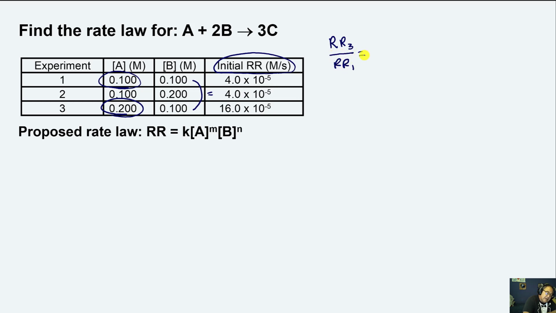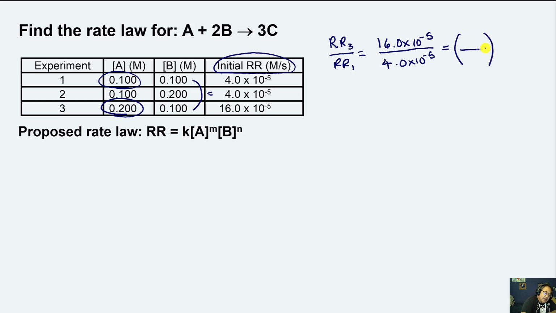Okay, so that's going to be 16.0 times 10 to the minus 5, and then 4.0 times 10 to the minus 5. And then this is what I'm going to do. I'm going to say it like this. This is equal to, I maybe should show you something else first, but I'll just show you what it's equal to. It's equal to this.